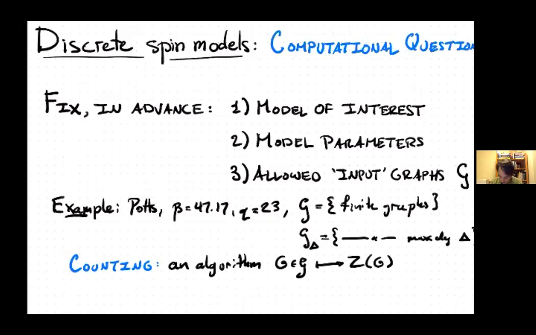And the other problem is sampling. If you like, it's an algorithm, and it's a randomized algorithm.